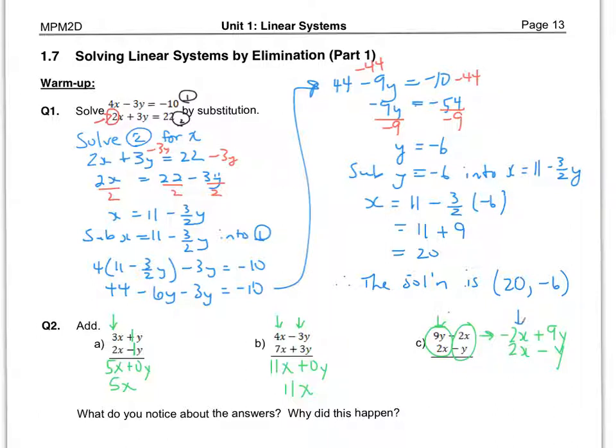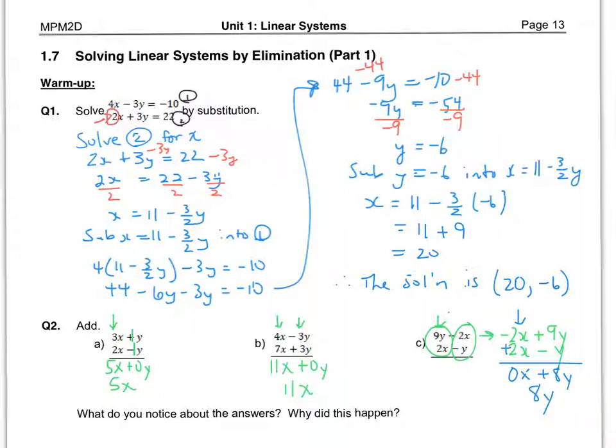So if I have negative 2x's and I add 2x's, because this really is positive 2x, my x's now disappear. I get 0 x's out of that. A plus 9y minus 1y would be plus 8y. And if I have 0 x's, add 8y, that just results in 8y, a positive 8y. So this time I've eliminated my x's.